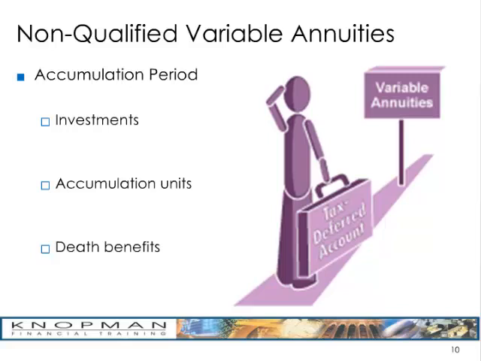So if an individual were to die during the accumulation period, not after, but during, then that person's beneficiary would receive at least all previous contributions, potentially any growth, if there is some, but you're guaranteed to get at least all your money back.